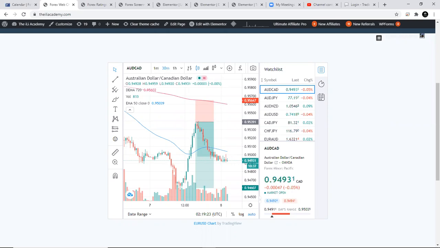But this is another way of looking at charts, maybe even on a different time frame, just checking it out. That's what I'm going to use it for. I'm going to use it for my daily time frame. So I want to see where we are, what's the trend on the daily time frame versus what's the trend on my 30-minute time frame. I only use those two charts and use my daily as kind of a filter, the same way I use my 720.